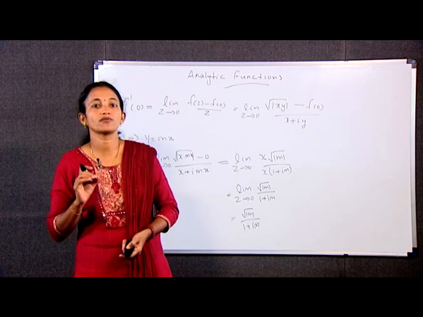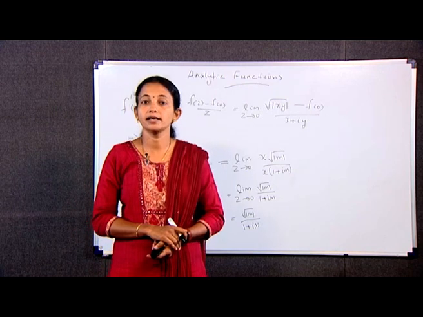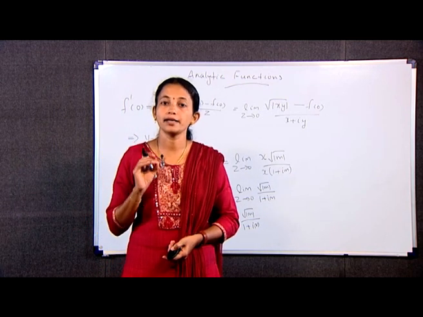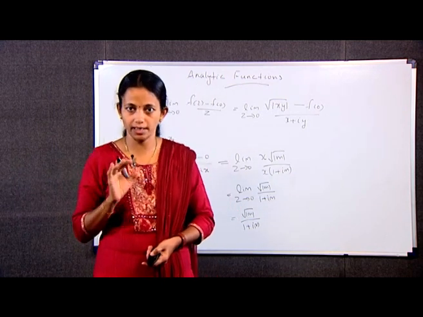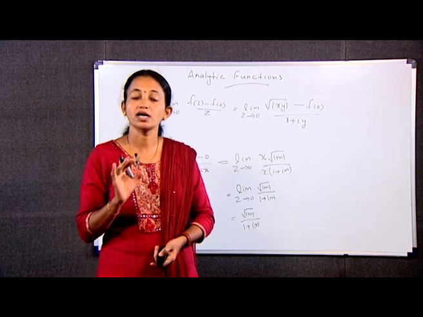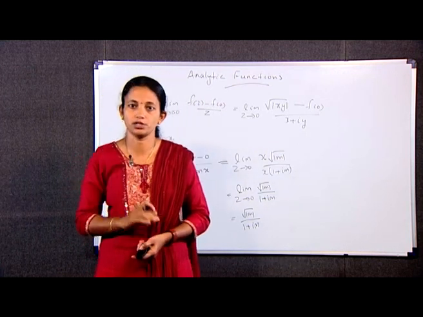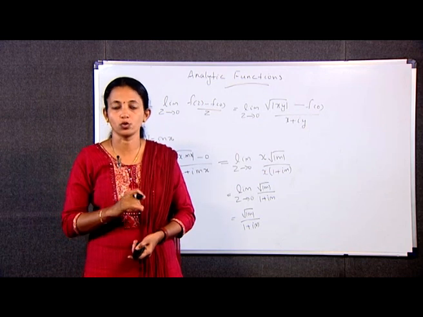We have some rules of analytic functions. The derivatives of the sum and product of two functions exist wherever the functions themselves have derivatives. Thus, we have the following results.